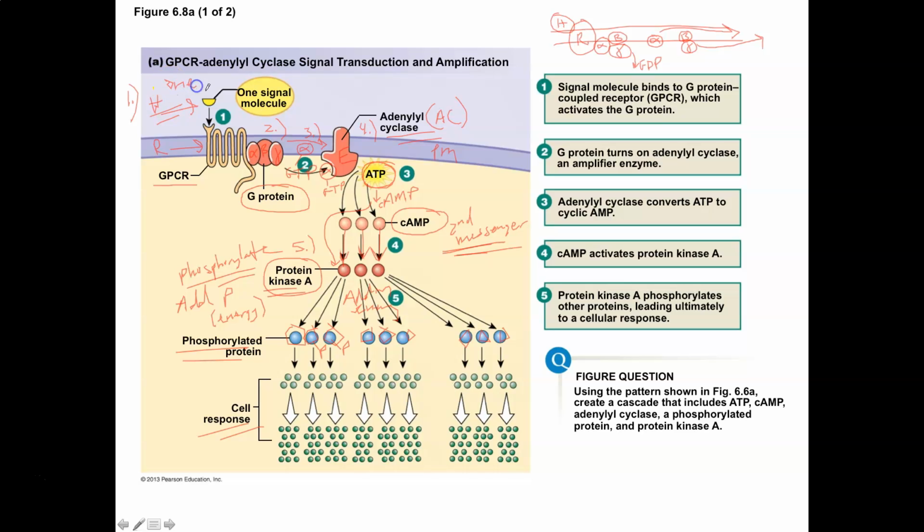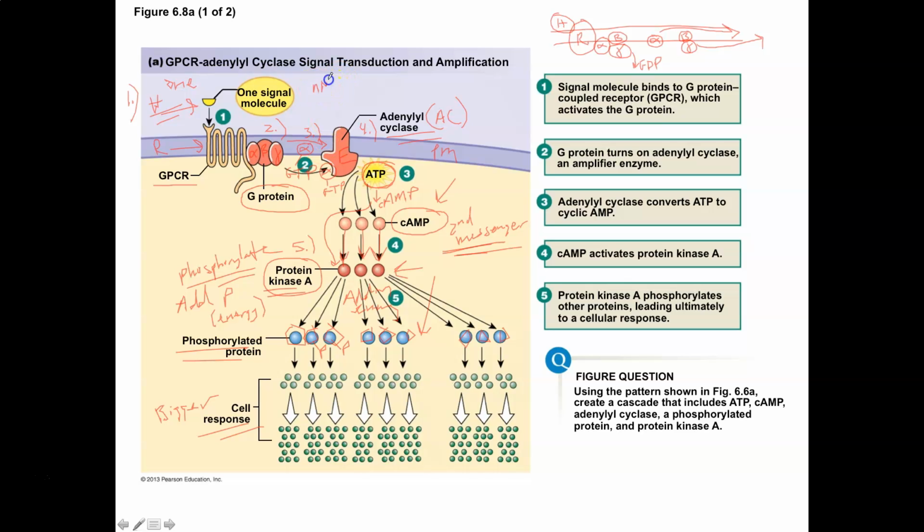So we start with one hormone binding to a receptor, and we produce lots of cyclic AMP, and so we activate lots of protein kinases, and then we go on to phosphorylate and activate lots of proteins within the cell. And so you can see the cellular response becomes bigger than just the one hormone at the beginning. We get this amplification process from that single hormone. This is why hormones can be at small concentrations.